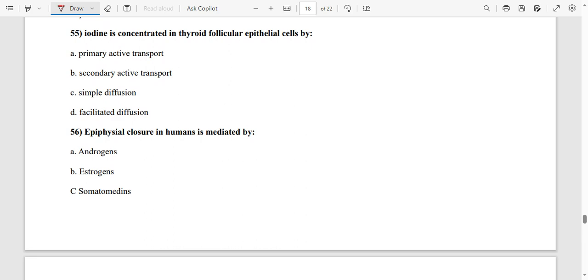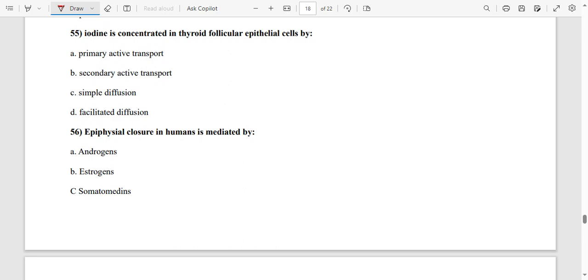Iodine is concentrated in thyroid follicular epithelial cells by: primary active transport, secondary active transport, simple diffusion, facilitated diffusion. The movement of iodine is going to be by secondary active transport. You are transporting one compound while you're also transporting iodine.